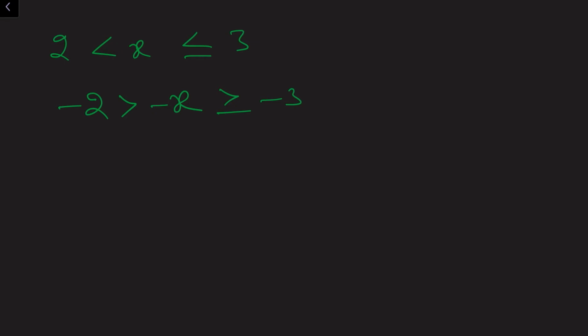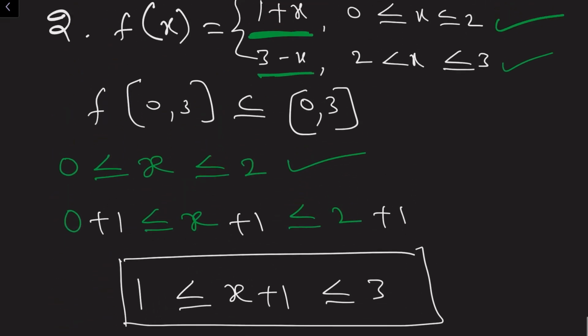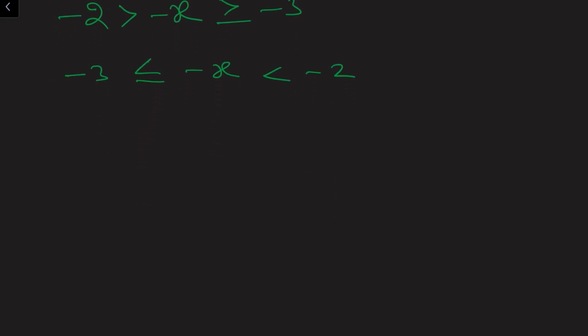Now if I write this in reverse, minus 3 less than or equals to minus x less than minus 2. Now the second statement we have 3 minus x. So here also to get 3 minus x in the middle term, I will add 3 to each and every term.